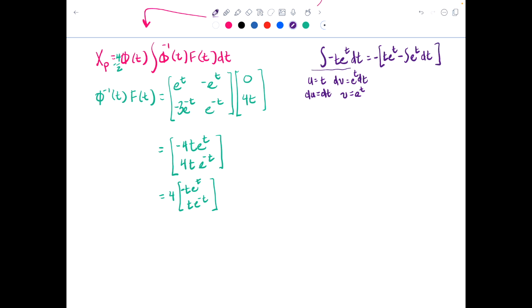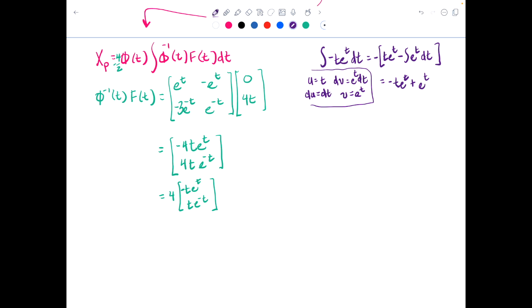So this is our little scratch work. That's going to equal negative t e to the t plus e to the t. And we don't need our constant of integration for this one.